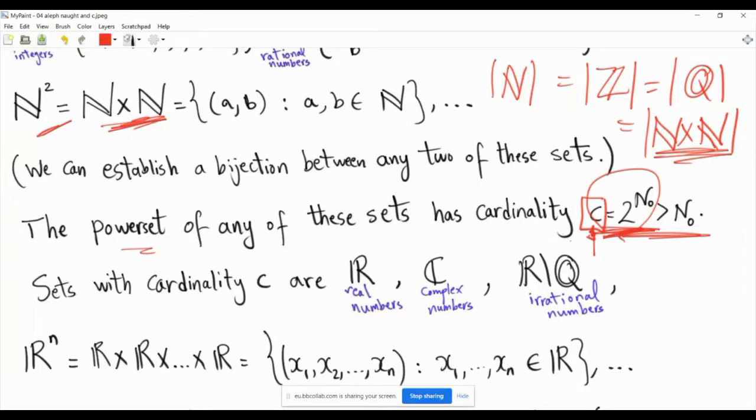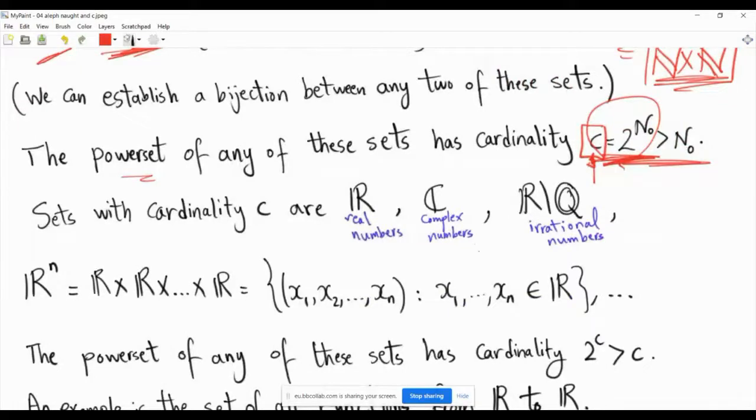Okay, so what are sets with cardinality c? The set of real numbers, complex numbers, irrational numbers, R to the n, the n-dimensional real valued Euclidean space. All these have the same cardinality, which is c, because we can have bijections between any pair of these sets.